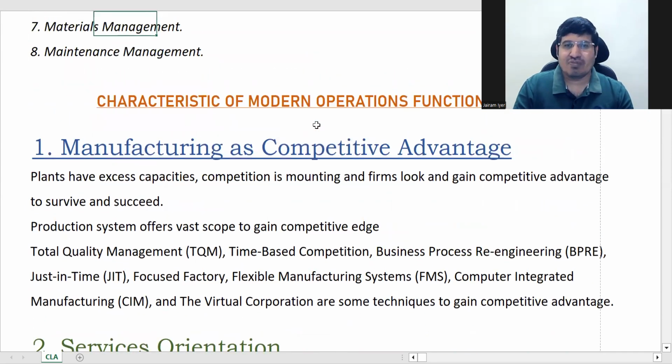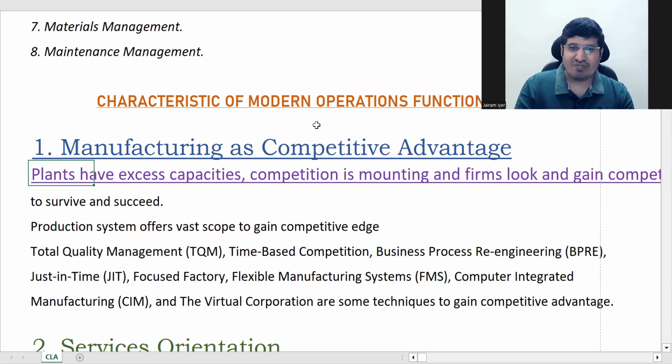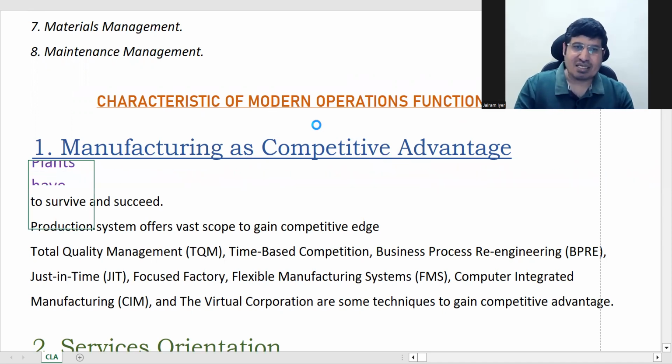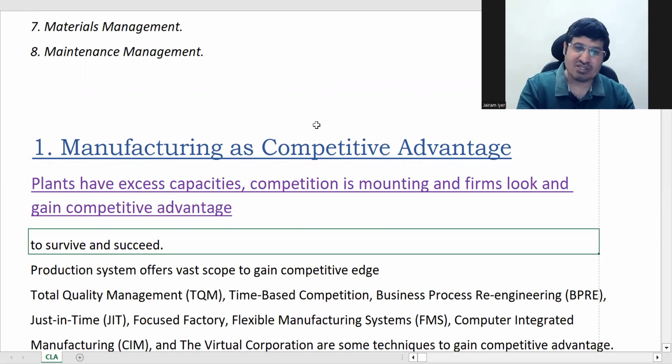First point is manufacturing as competitive advantage. So the difference between the past and now is that now plants have excess capacities. Competition is mounting and firms look to gain competitive advantage to survive and succeed. इसका क्या मतलब है?